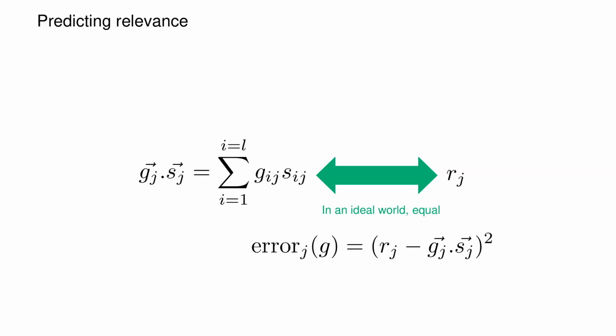And by close, we mean the most classical method that you find in machine learning systems, which is the least sum of squares, where we compute the difference between the expected relevance and the actual dot product, and we want to minimize the sum of the squares.